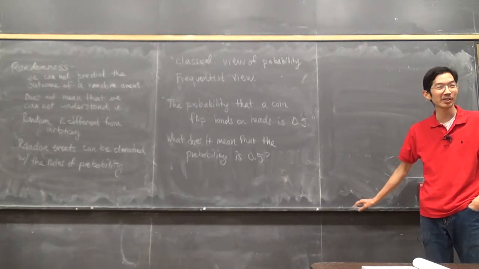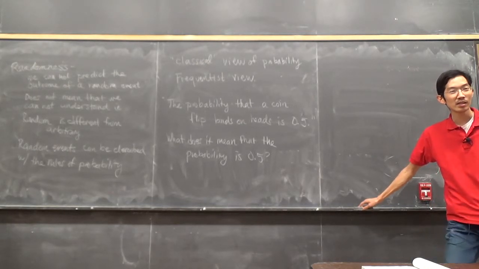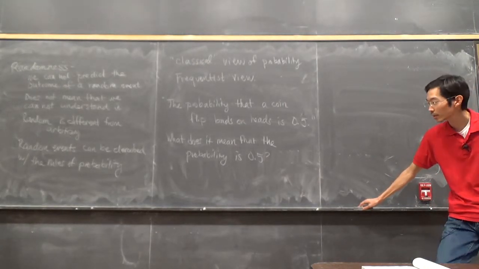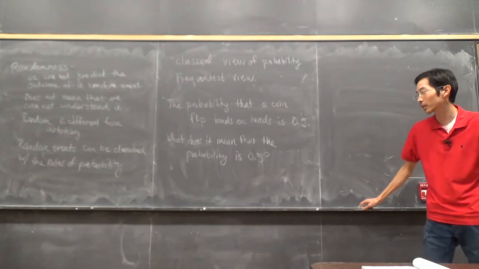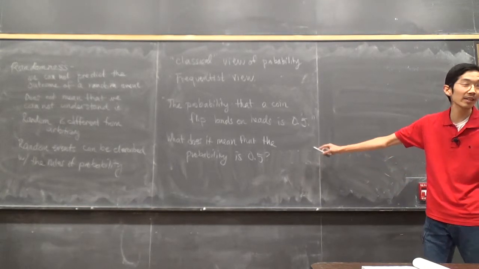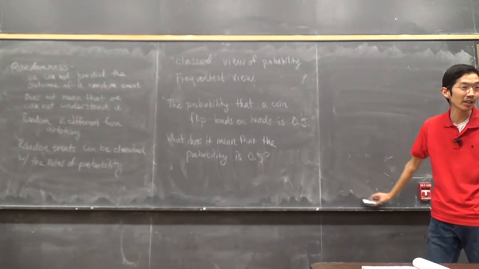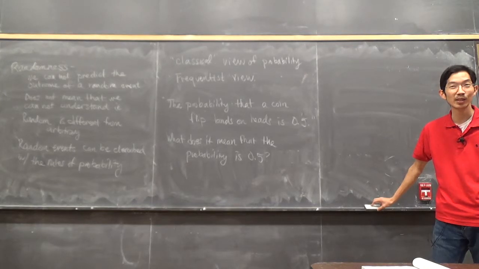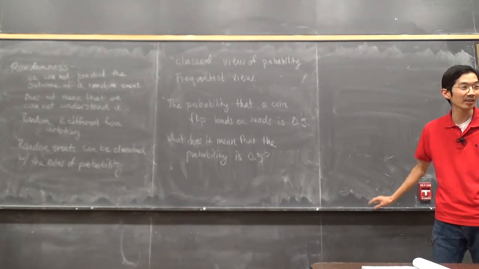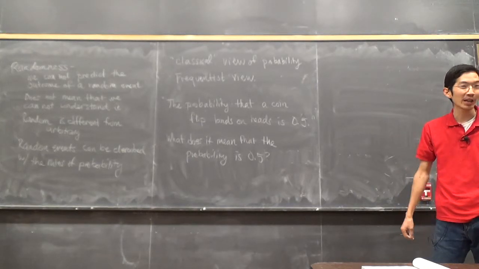There are only two ways that it can land, but that doesn't necessarily mean the probability is going to be 50%, okay? If I try to shoot a basket from half court, there's only one of two possibilities.